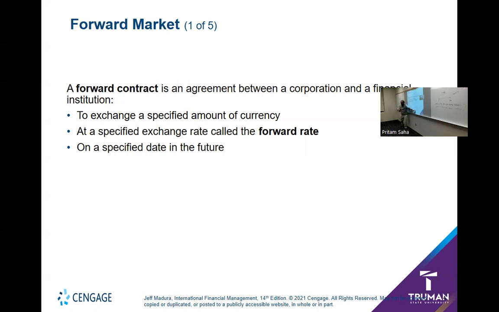So investment of $100, let's just assume the risk-free rate is 5% hypothetically. And this is 6 months, so it should be half. Makes sense so far? And what should be the future value? If you made $100 worth of investment for 6 months, where the risk-free rate is 5%, you tell me what should be the future value? Use your calculator.